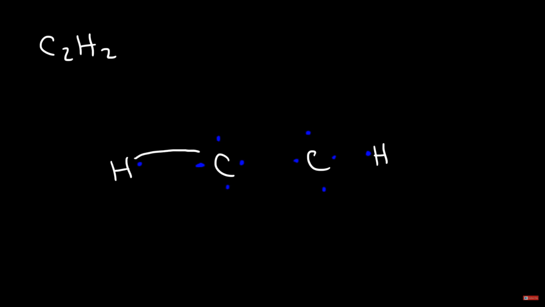Now let's try acetylene, C2H2. So we have 2 carbon atoms and 2 hydrogen atoms. So every carbon atom has 4 valence electrons, and hydrogen only has 1. Now keep in mind, carbon likes to form 4 bonds, and hydrogen can only form 1 bond. So this is the only bond that hydrogen can form.